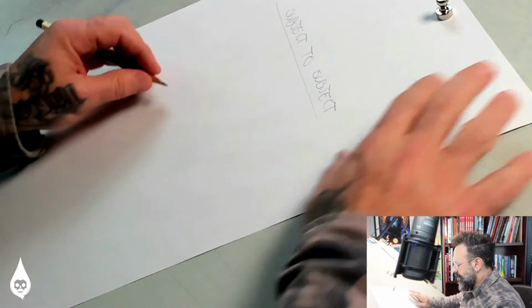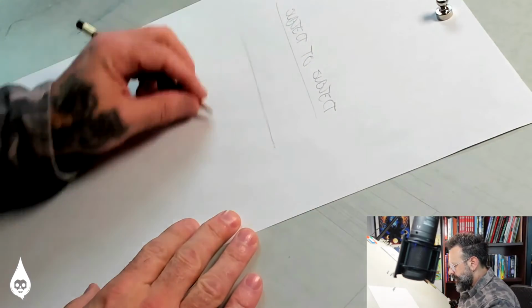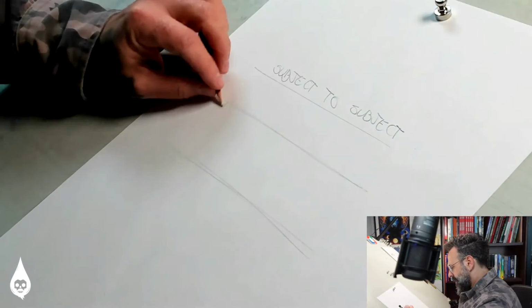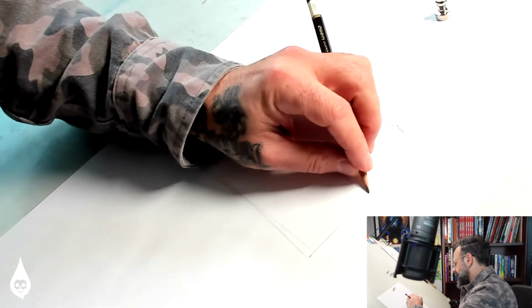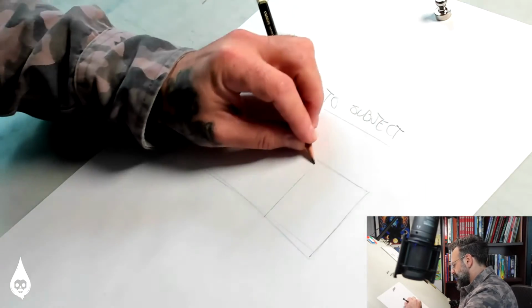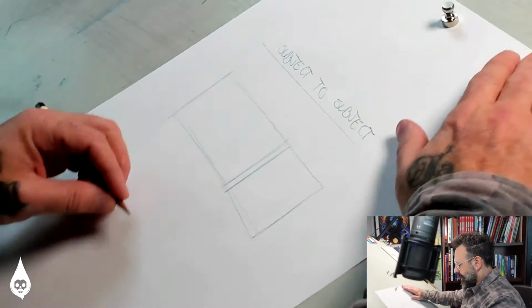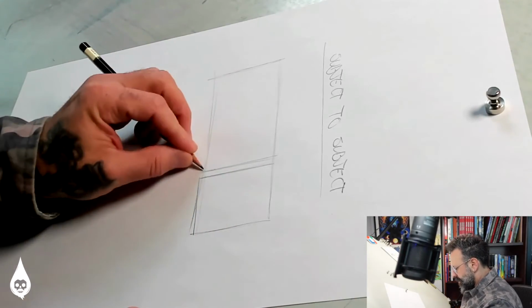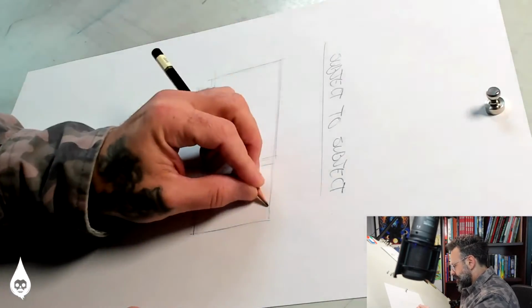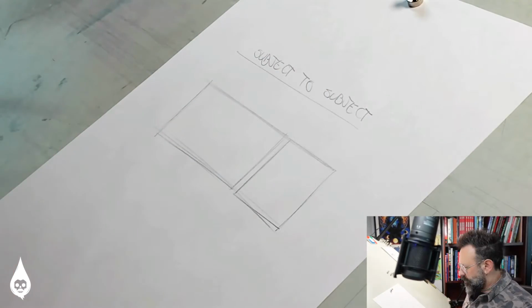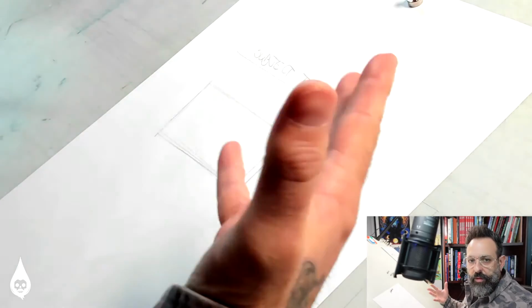So let's say we have a tier. I like to work in tiers. They kind of act like sentences to me as a storyteller. So we've got one sort of squarish panel, one horizontal panel, and I'm going to demonstrate what subject to subject is.